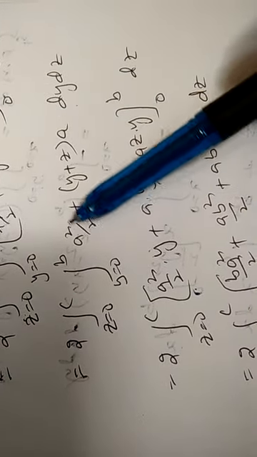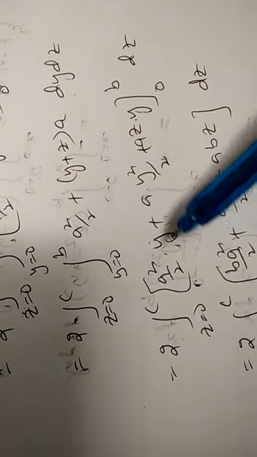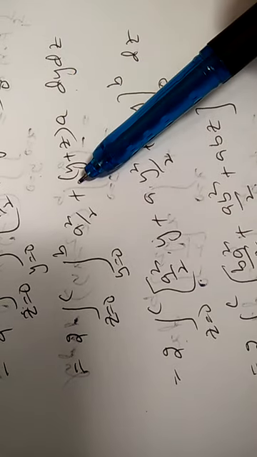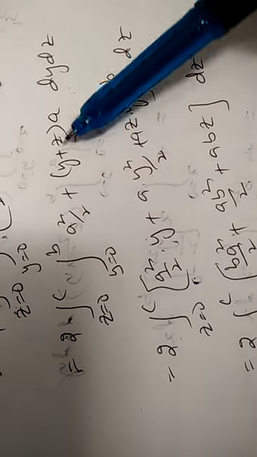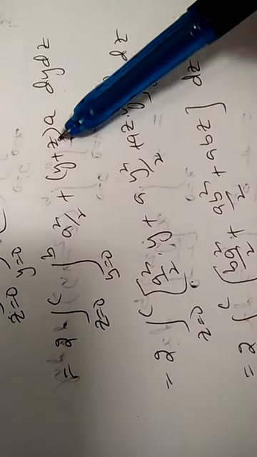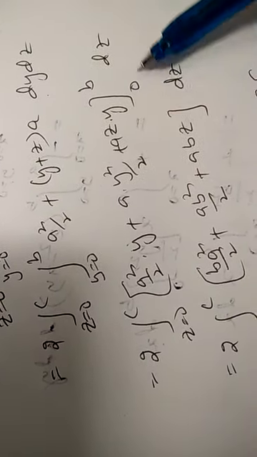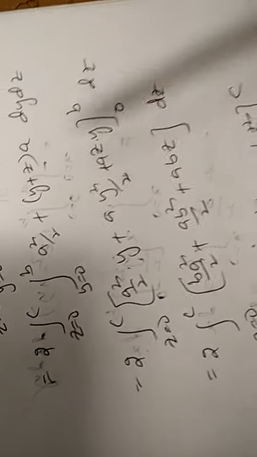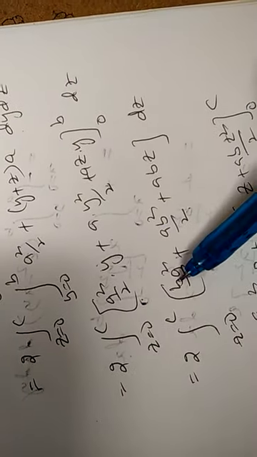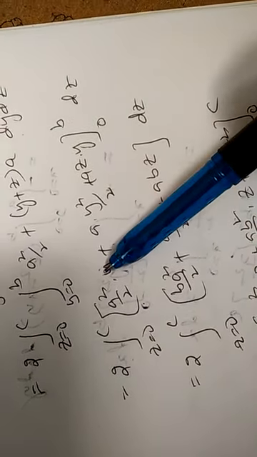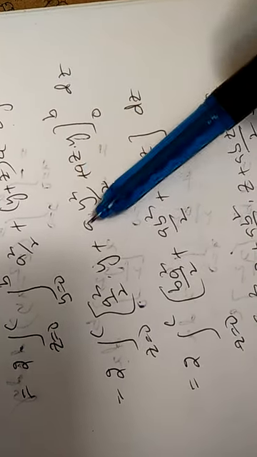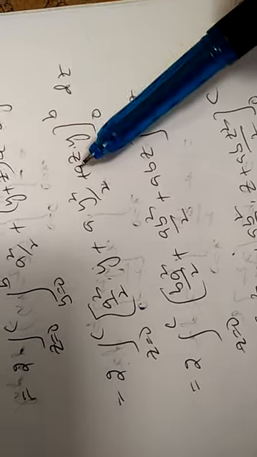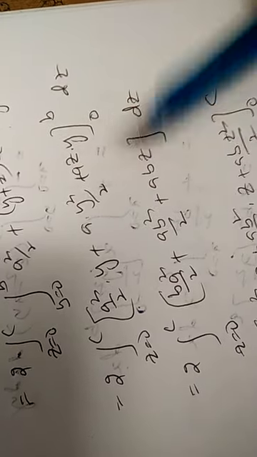Now integrate next with respect to y. A square by 2 is a constant, so its integral is a square by 2 times y, plus a times y square by 2, plus az times y, with limits 0 to b, dz. Now apply the limits: b a square by 2 plus b square a by 2 plus abz, dz.